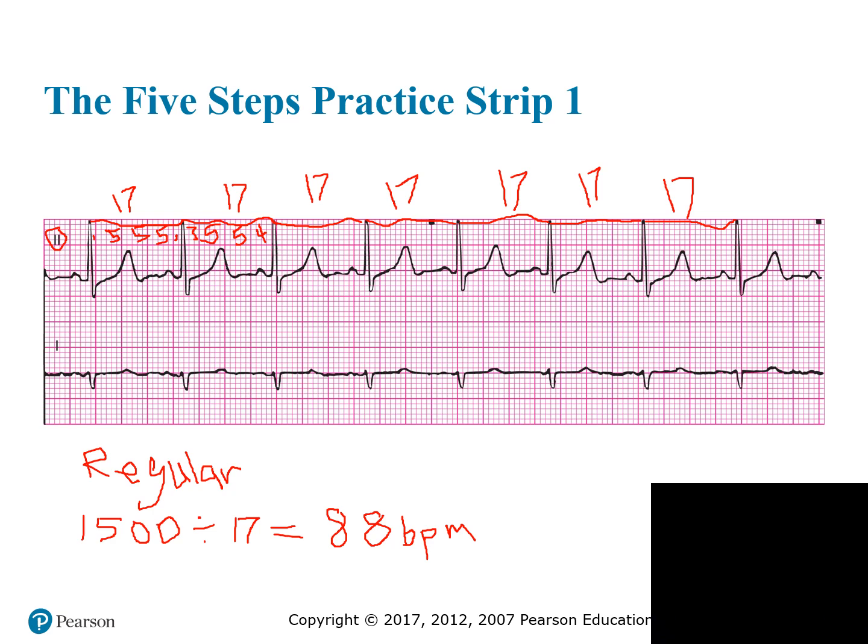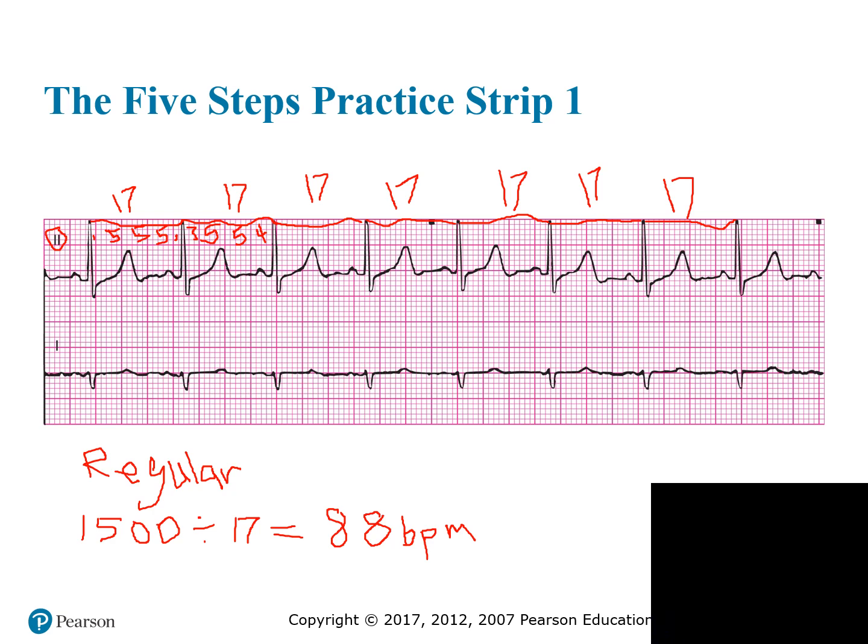Alright, so remember, if we have a regular strip, doesn't matter where we obtain our PR interval, because remember, it's consistent. So even if we go from the beginning, the middle, or the end and find our PR interval, it should all be the same throughout, because why? For every P that pulses out, your QRS will pulse out at the same time throughout a regular rhythm strip.